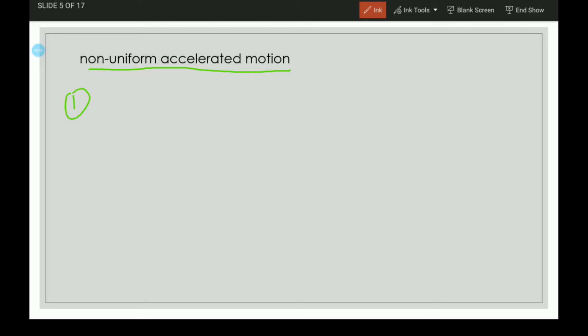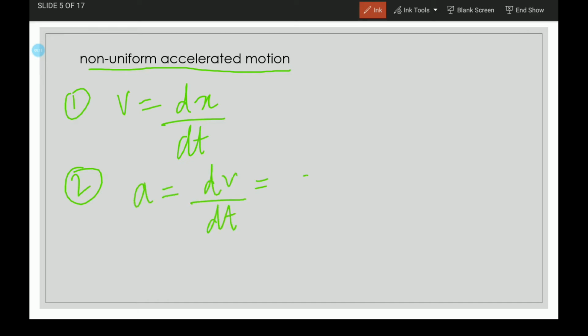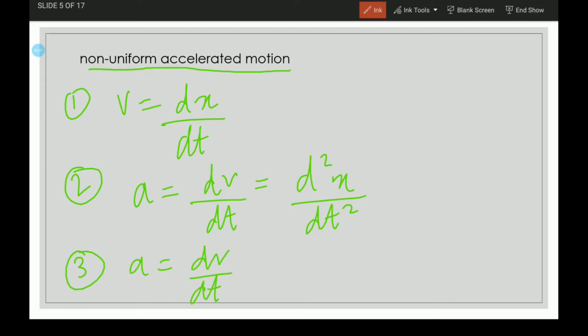The first one is v is equal to dx by dt. Quite simple. The second is a is equal to dv by dt, or d2x upon dt square, that is differentiating the x twice. The third is again a is equal to dv by dt, but we will change it up a little bit, multiplying and dividing by dx.